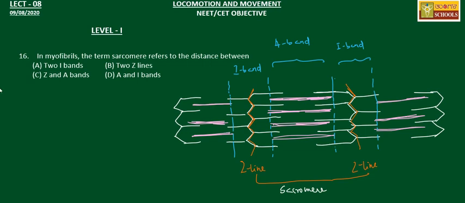So in myofibril the term sarcomere refers to the distance between not two I bands, not Z and A band, not at all. So you have here the one between two Z lines. So option B will be the right, not between A and I bands. So in myofibrils, the term sarcomere refers to the distance between two Z lines.